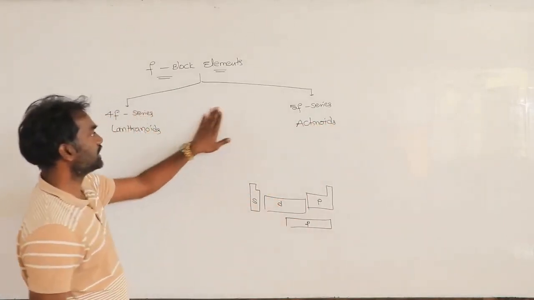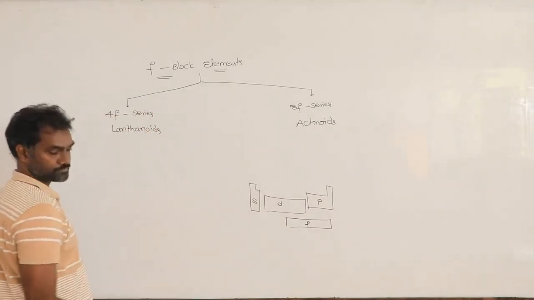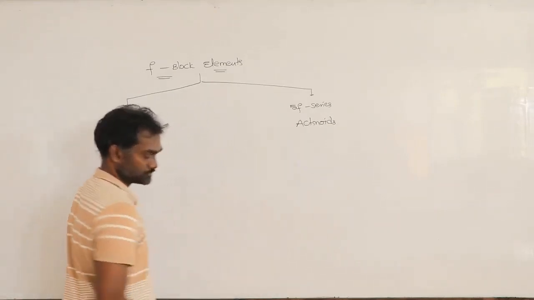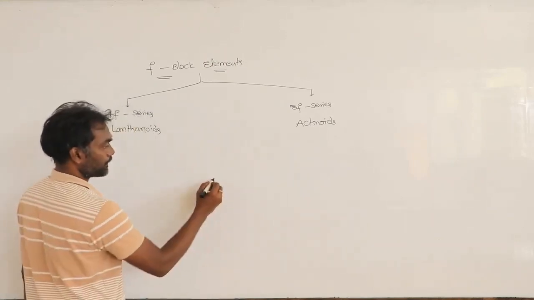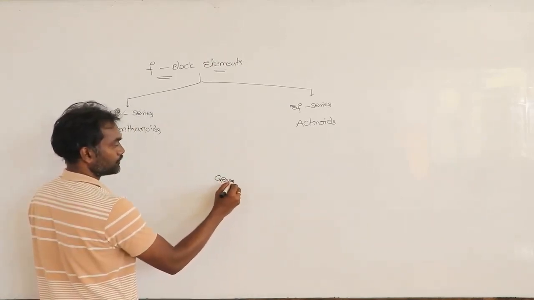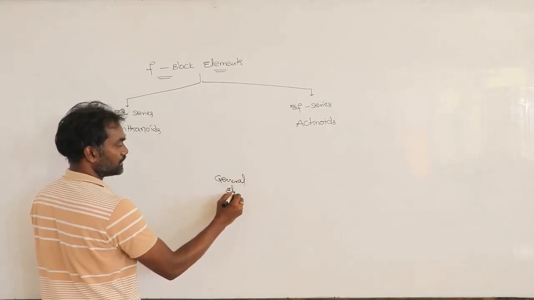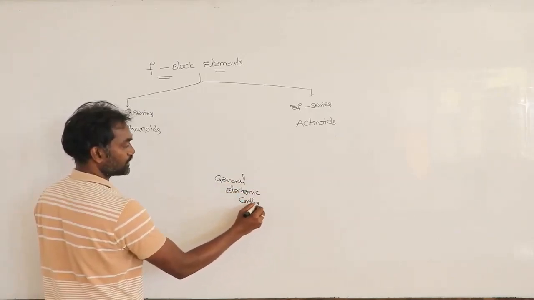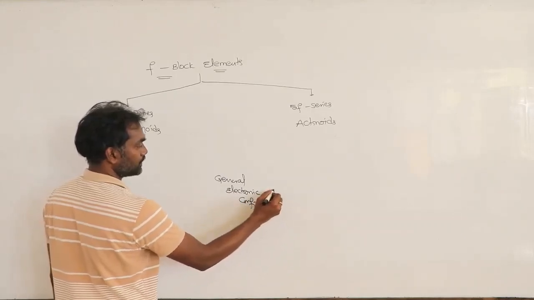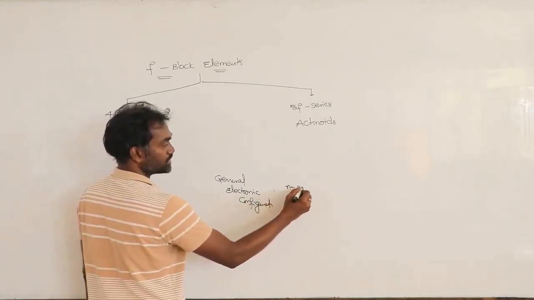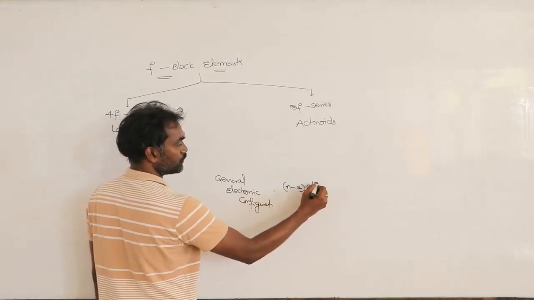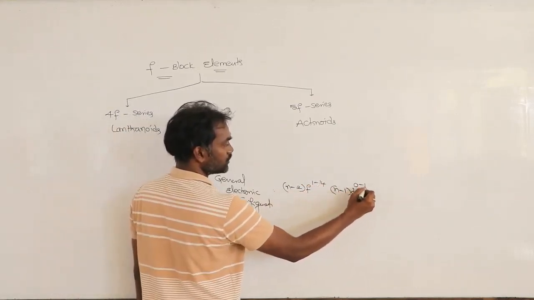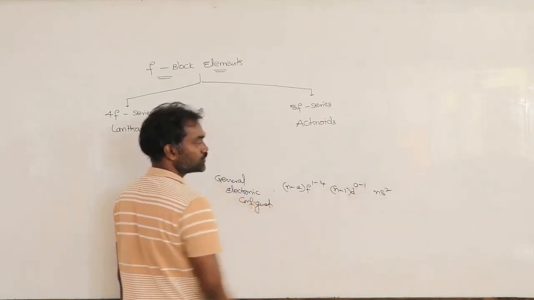So here, the general electronic configuration is (n-2)f 1 to 14, (n-1)d 0 to 1, ns2.